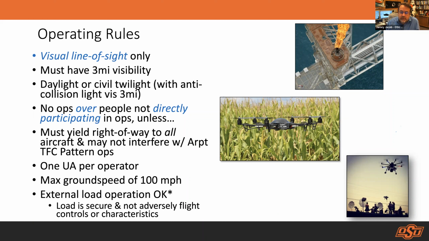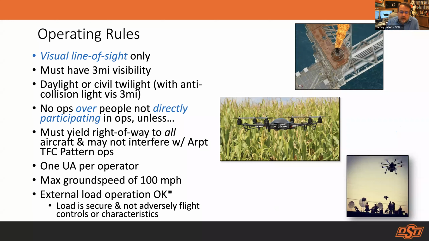You must have 3 miles of visibility. So, clouds, rain, fog, that will impede that and restrict your ability to fly. Daylight or civil twilight. So that's 30 minutes before and after what we tend to think of as dawn and dusk, respectively. No operations over people that aren't directly participating in the operation.